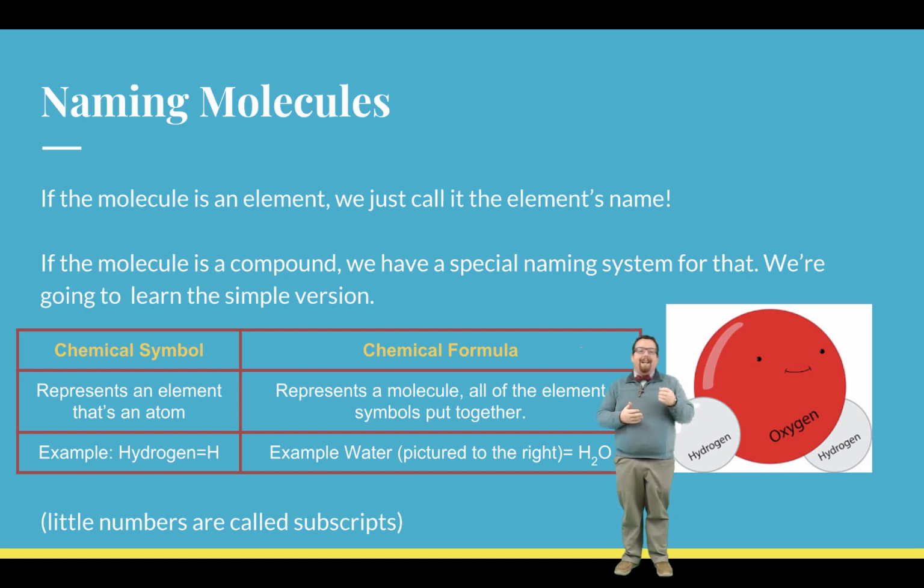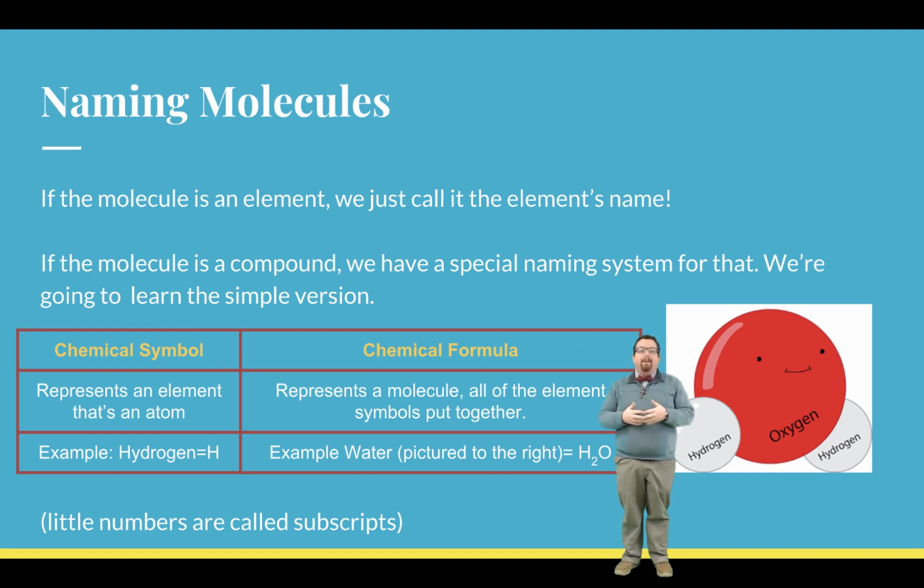So you learned that a chemical symbol represents an element, like H is hydrogen, He is helium. A chemical formula represents a molecule. Chemical formulas just take the chemical symbols of the different elements in the molecule, smush them together, and put a little subscript next to the chemical symbols that tells you how many atoms of that element are in the molecule.